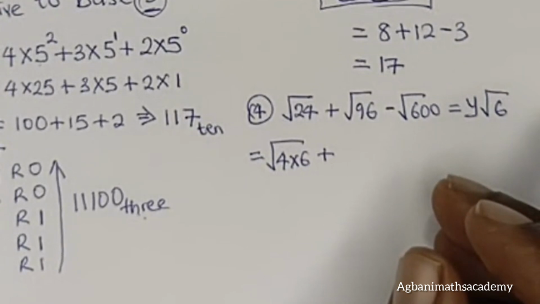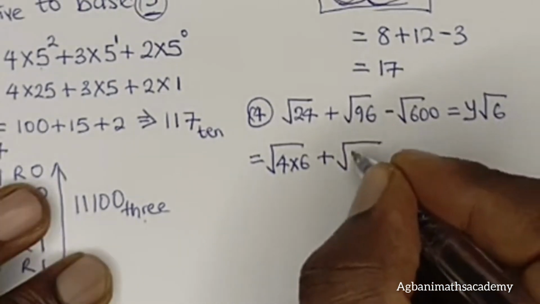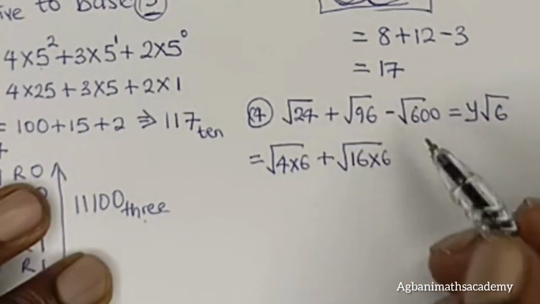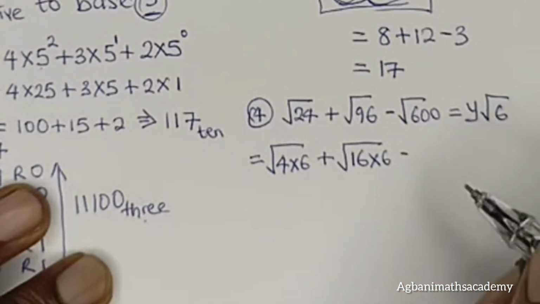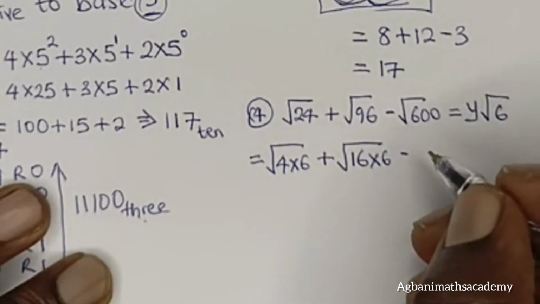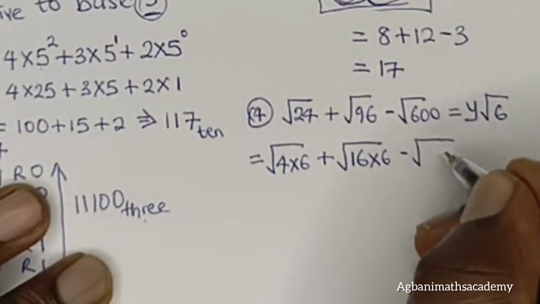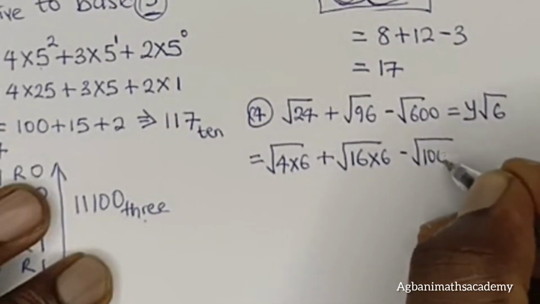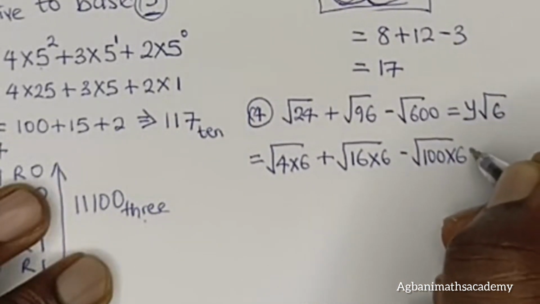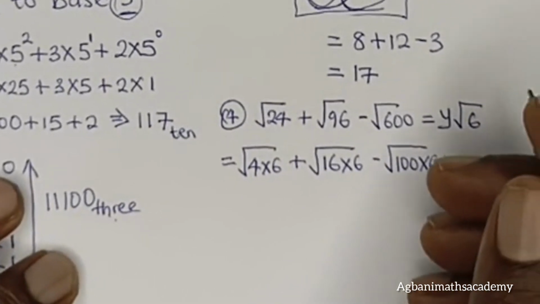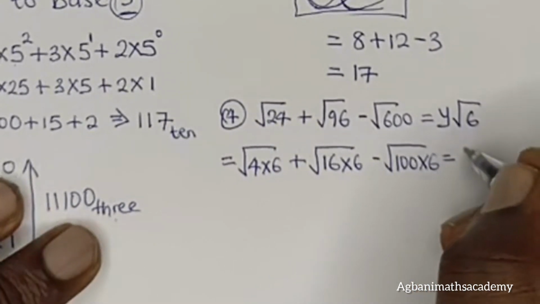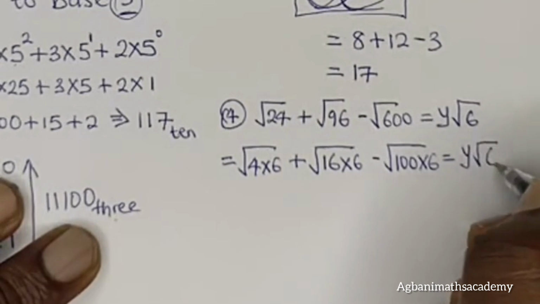So 16 multiplied by 6 gives 96. So square root of 16 multiplied by 6 is the same thing as 96. Minus 600 is the same thing as 100 multiplied by 6. So we have square root of 100 multiplied by 6 is equal to y square root of 6.